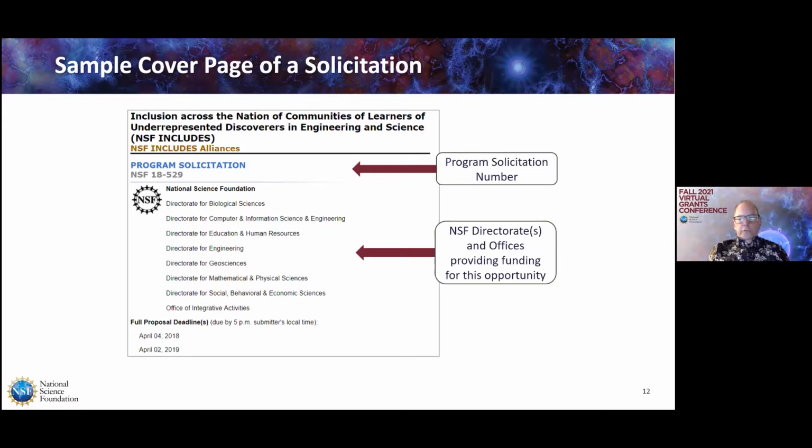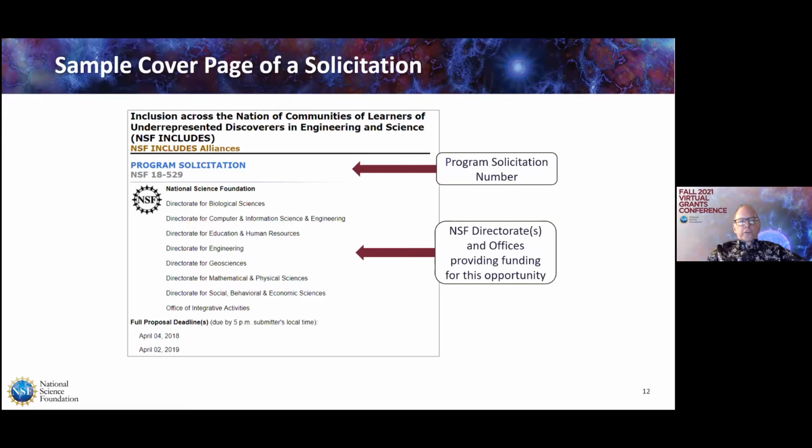If you notice the submission deadlines that are listed at the bottom, those will be regularly updated depending on how often the solicitation deadline occurs. So the solicitation number 18-529 is something that you'll have to remember, or in the case of whatever program you're applying to, what is the relevant solicitation number.